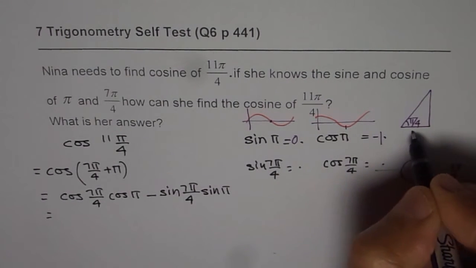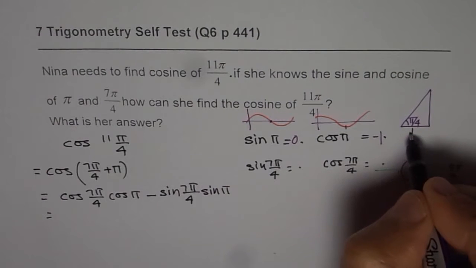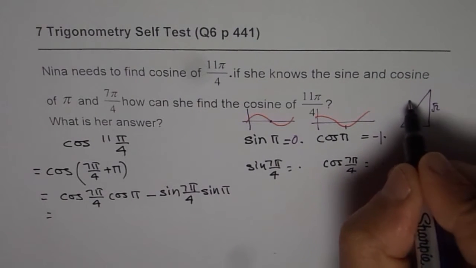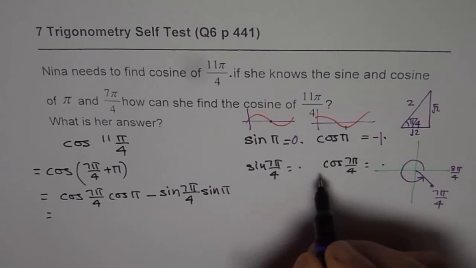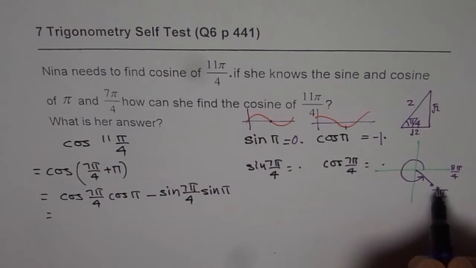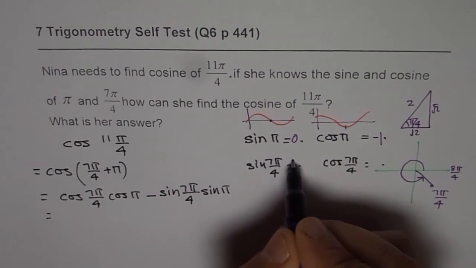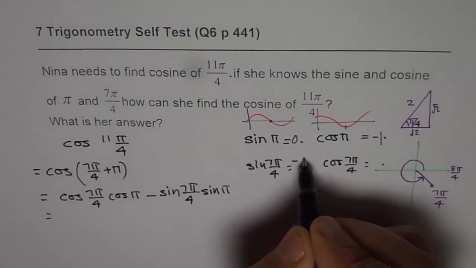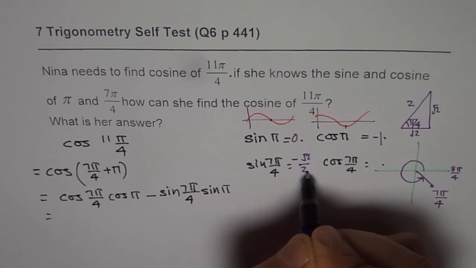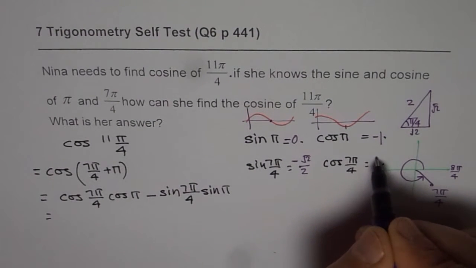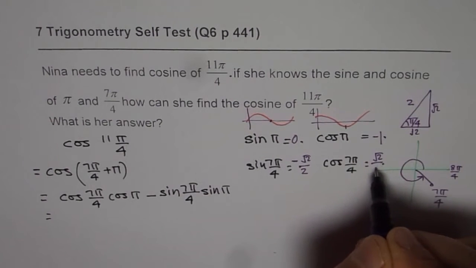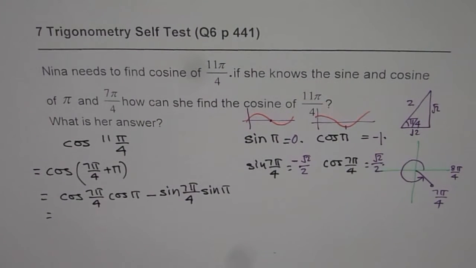We can write them as square root 2, square root 2 and 2. Since we are in quadrant 4, the sine value of 7 pi by 4 will be negative, negative square root 2 over 2. As far as cosine is concerned, it is going to be positive. So that is the value, correct?